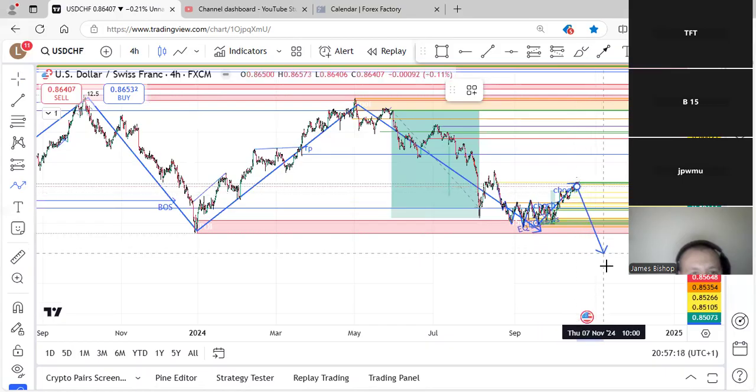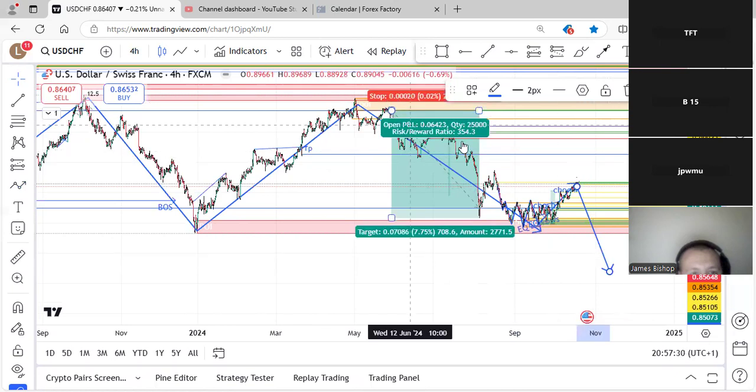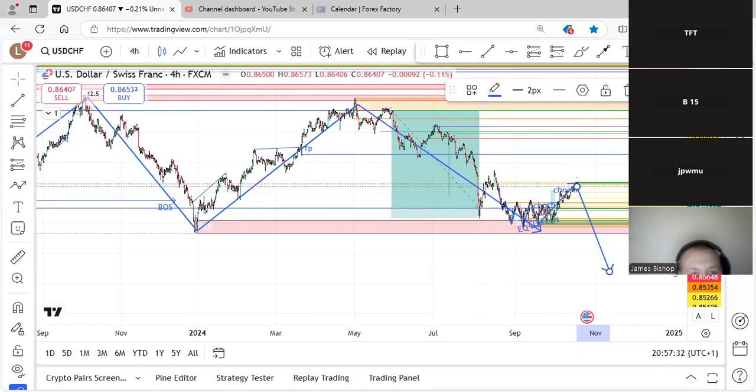But if it comes down and makes a new lower low from this higher time frame structure, then it could well pull back after that to up here somewhere, before selling off to create a new lower low. But obviously that will take weeks and months to do, those higher time frame swings.